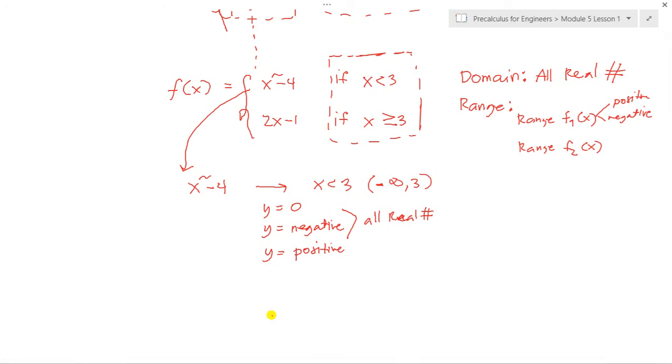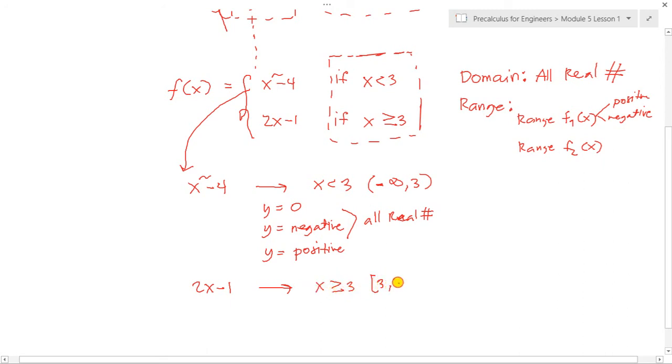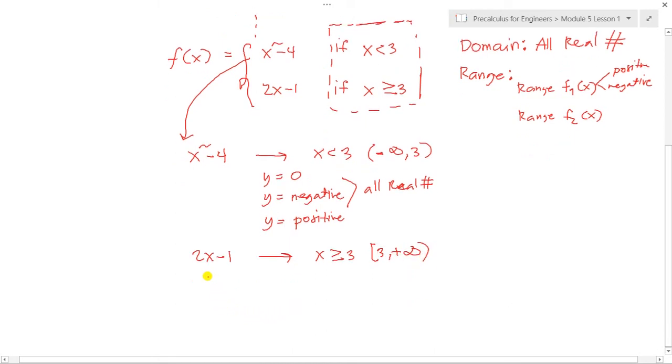Okay. On the second function of our piecewise, we have 2x minus 1 such that our x should be greater than or equal to 3. So, in notation form, that is 3 to positive infinity. So, here, if we plug in 3, class, unsay values ato y? 5 positive, or you can just write 5 kay in this case need ta kung asa siya mag-start.